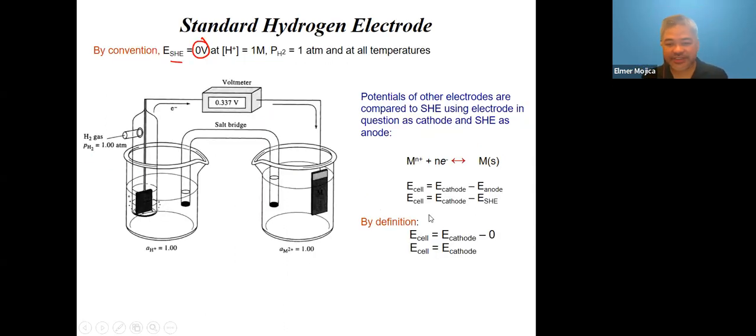So by definition, okay, you can get here in this what we call the potentials of other electrodes that are compared to the standard hydrogen electrode in question as cathode, and the standard hydrogen electrode as anode. So in that case, kung ano yung potential ng cathode mo, yun yung makikita mong reading. Kasi yung standard hydrogen electrode mo serve as an anode.